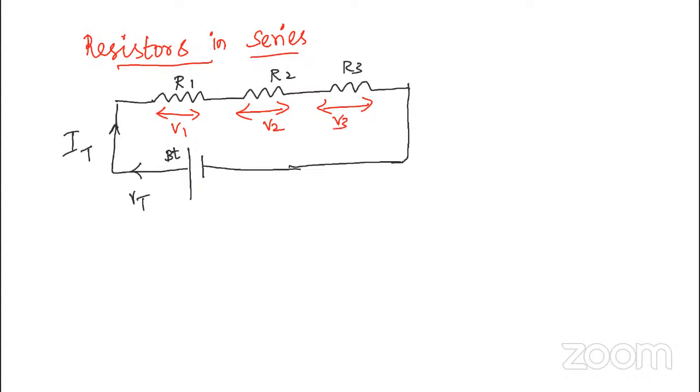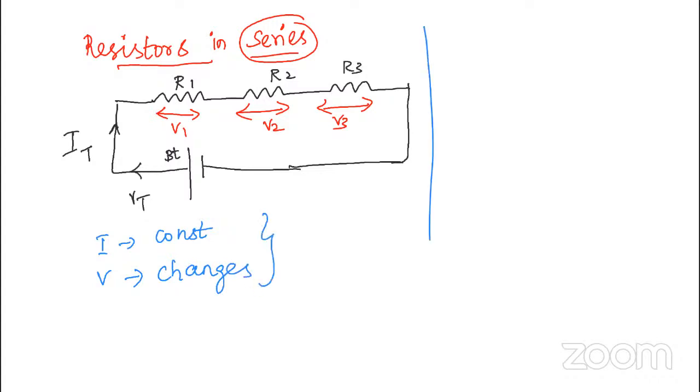For series, I will tell you 2 conditions: the I value should be constant, and the V value, the potential difference, should change. This is a very, very important thing.